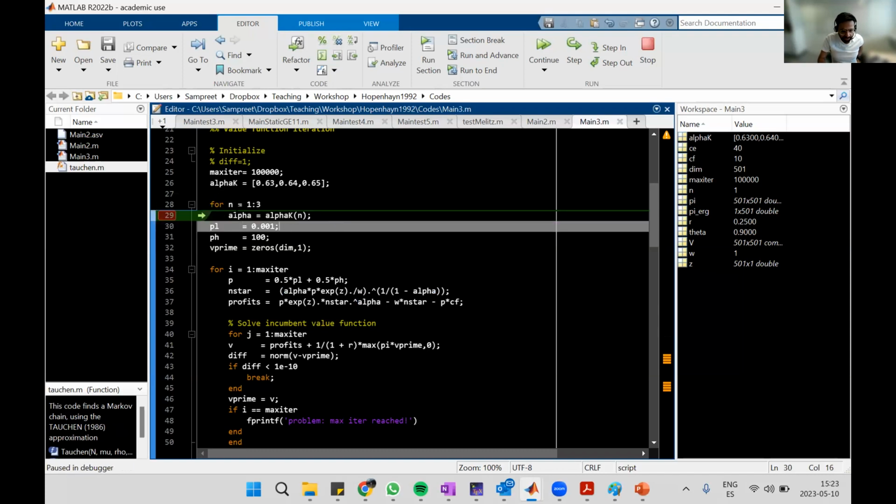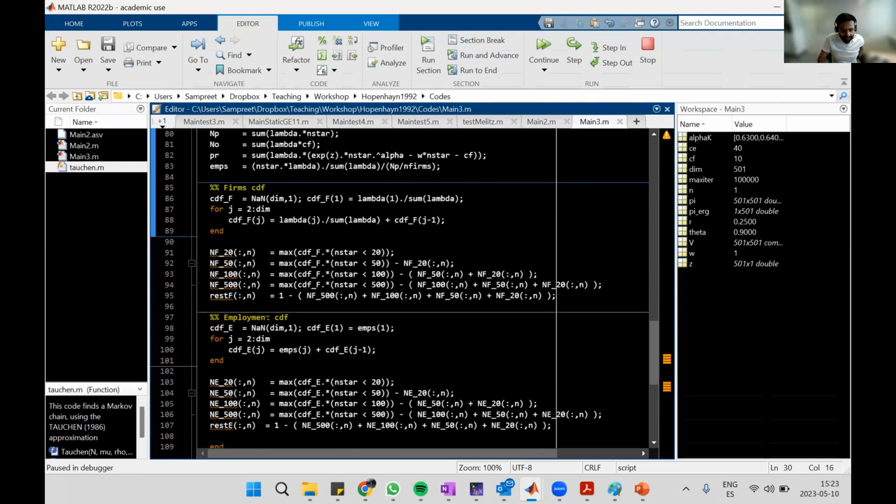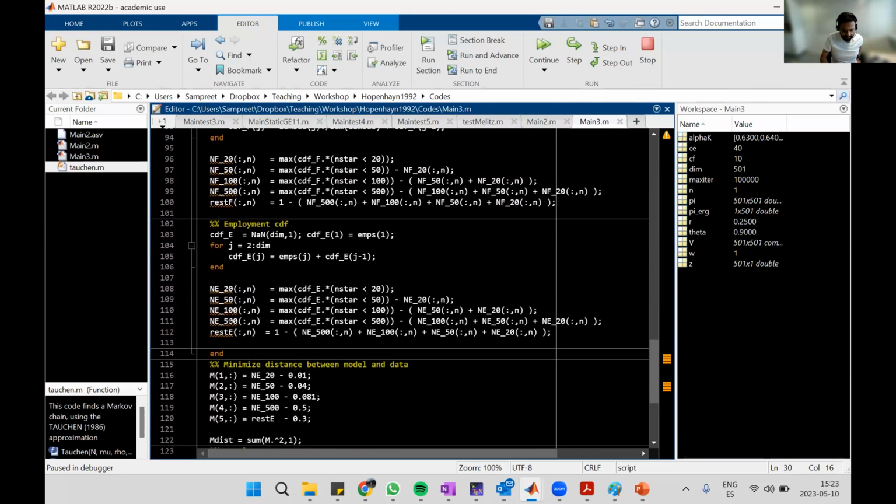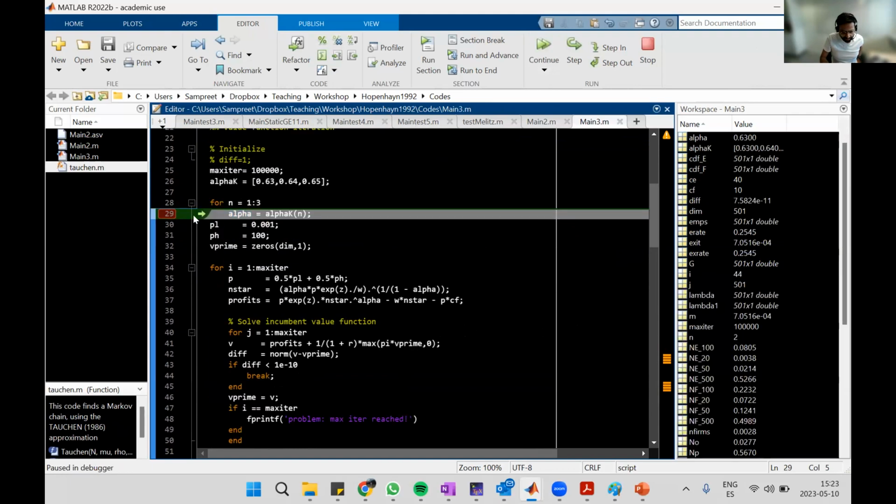Okay. I'm saying solve this model for 3 different values of alpha and then store the distribution of the employment moments here. Okay, this is not what I want.